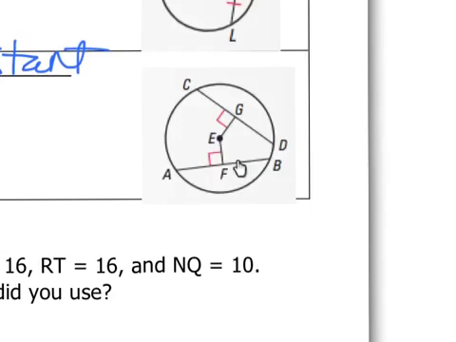So if you look at the picture, if these two chords, CD and AB, are the same distance from the center point, so we're assuming that EF and EG are the same length, that would mean that these two chords are congruent.